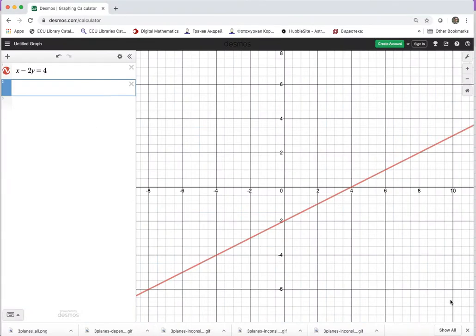So here I used a graphing calculator to graph the equation x minus 2y equals 4, and we see that the graph of this equation is a straight line. In fact, this is why the equation is called a linear equation. That is because the graph of the equation is a straight line. Each point on this line represents a solution of the equation.